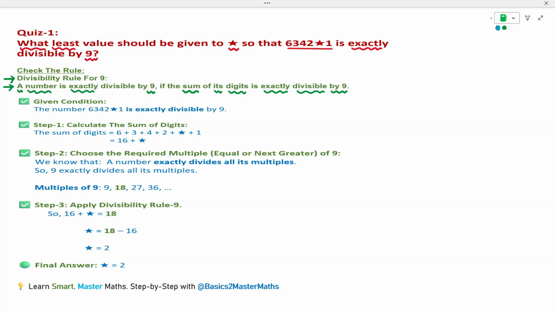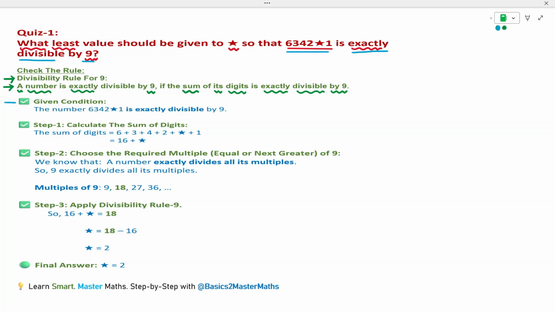Now observe the question. 6342 star 1 is exactly divisible by 9.